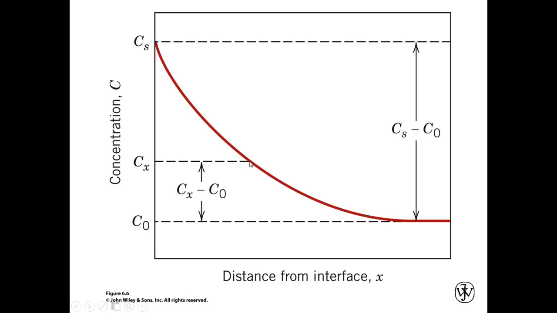That's what that line is. And the difference between that and the bulk concentration over here, C naught, is this Cx minus C naught, and the Cs minus C naught is this distance right here, the concentration at the surface versus the concentration in the original bulk. So we're going to have a sample problem with that.